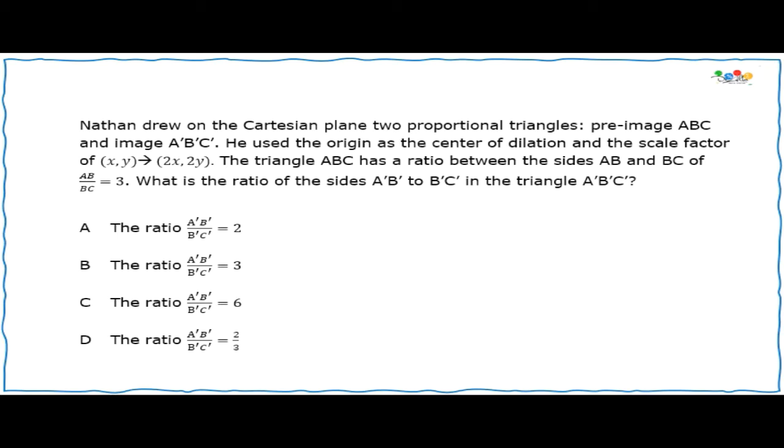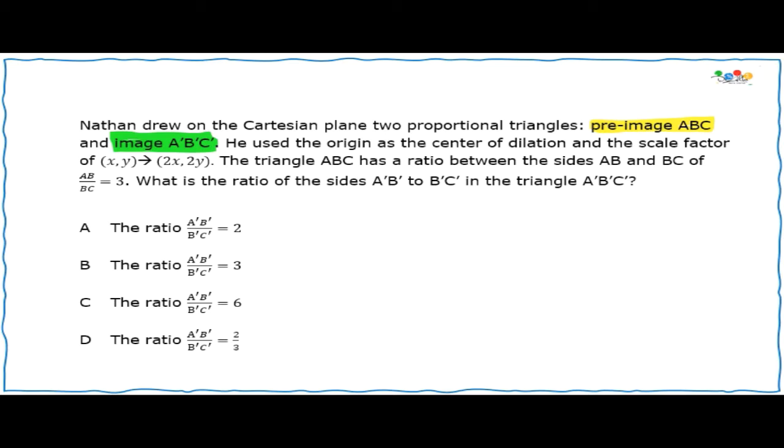So let's analyze what's given to us. There is a pre-image, right? That means my original, the first one. But we also have an image, and we have both labels given to you here. Okay, so what else do I know?